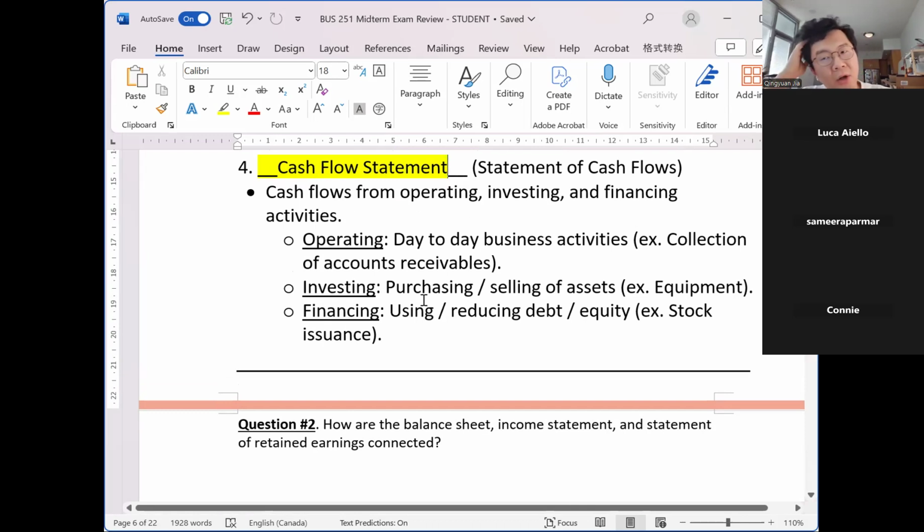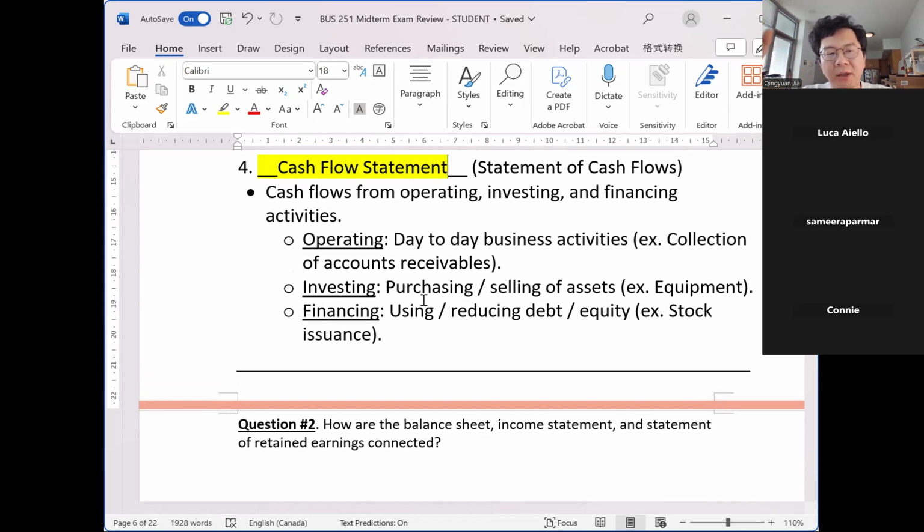For example, if you sell your equipment, if you sell your land, or in another way, if you purchase some new equipment, purchase some new land, it will also fall into the category of investing cash flow activity.